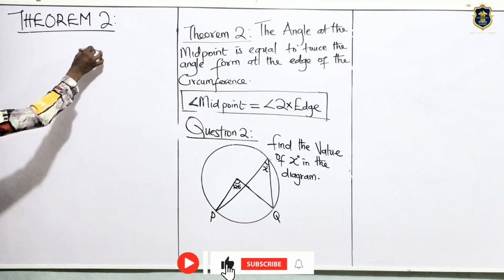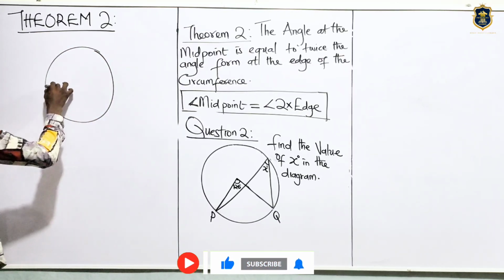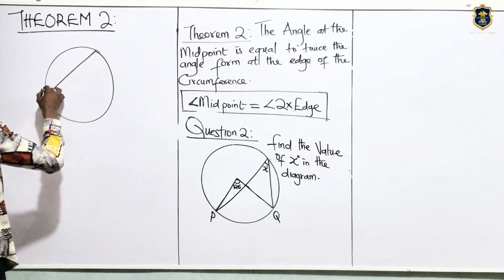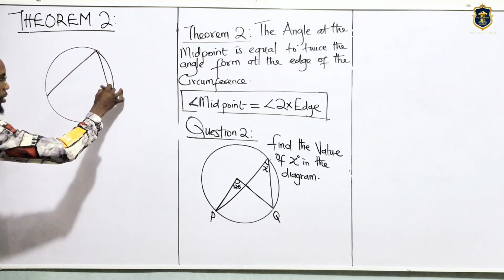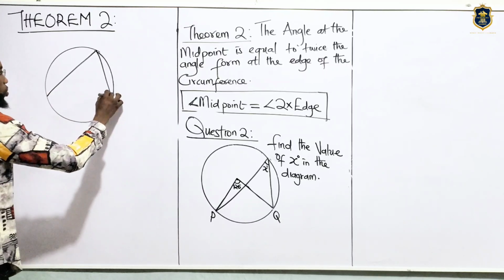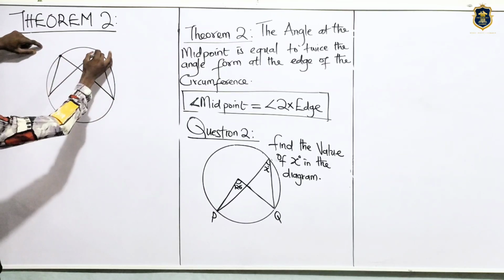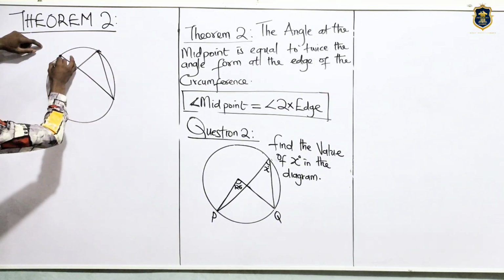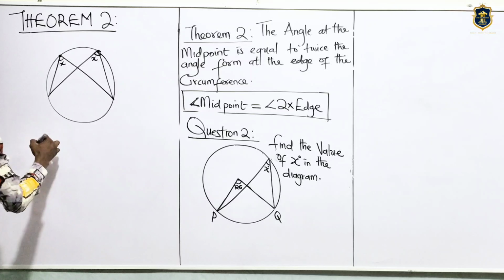Look at the first theorem. Remember that we said in the first theorem, if we have an angle touching like this, and then we have another one touching like this, if we have 2 angles forming at the circumference, this angle x is equal to this angle x.